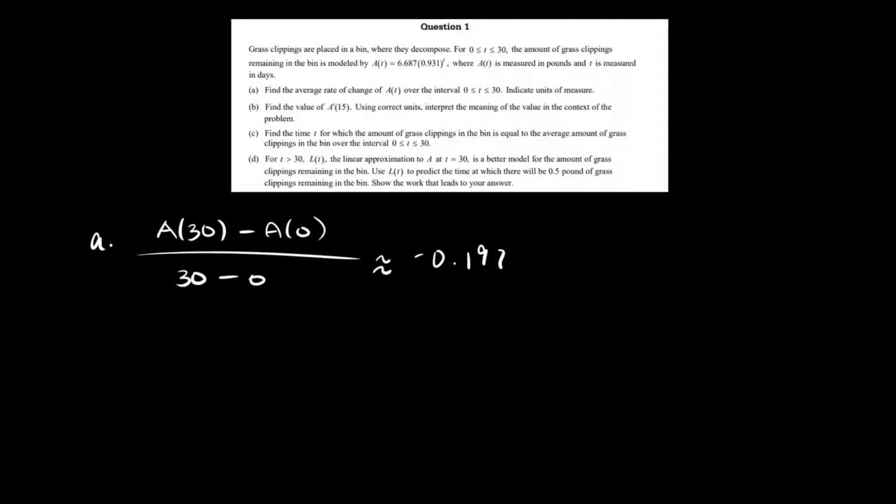Our units of measure would be the units of A of t, which are pounds, over the units of just t, which is days. So our final units is pounds per day.